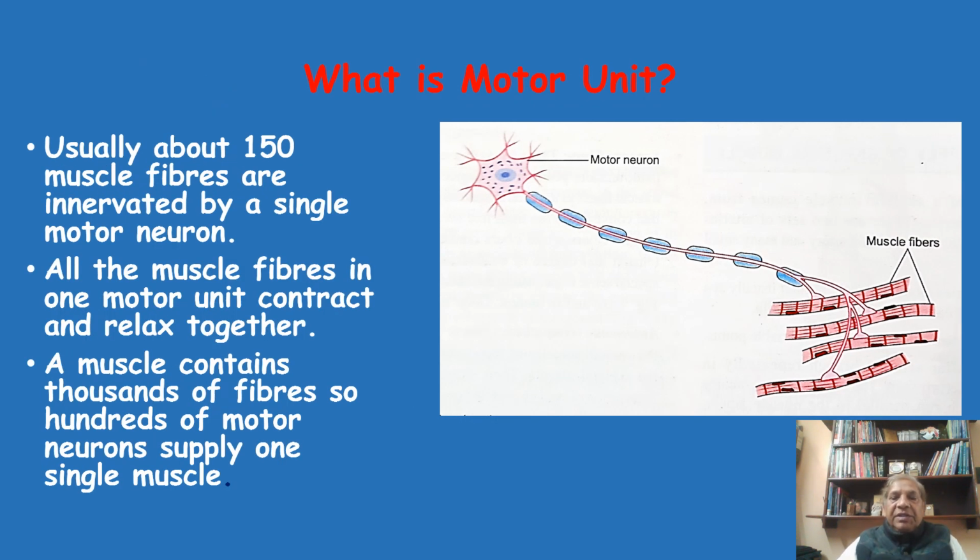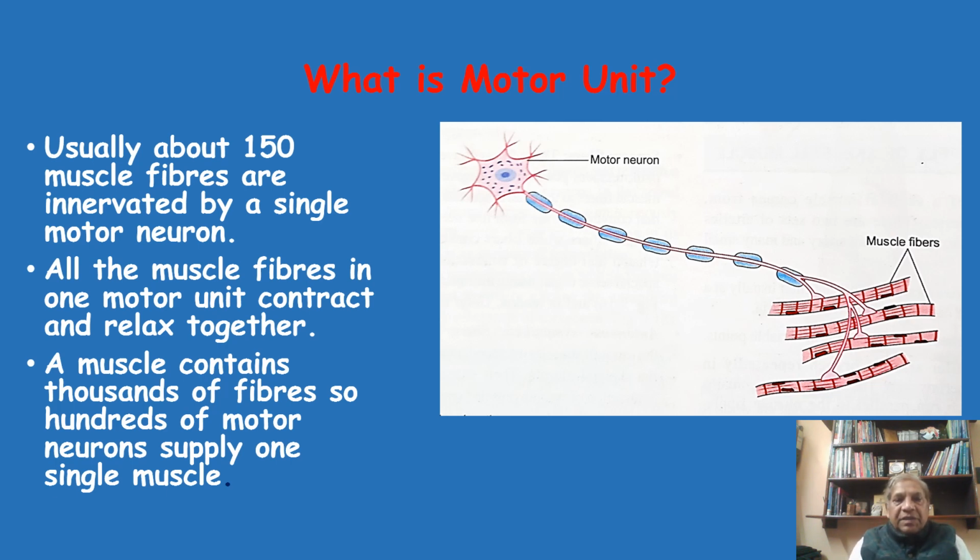Now, usually in the skeletal muscles of the limbs and the trunk, around 150 skeletal muscle fibers are supplied by a single motor neuron. That is normal, it is usual.